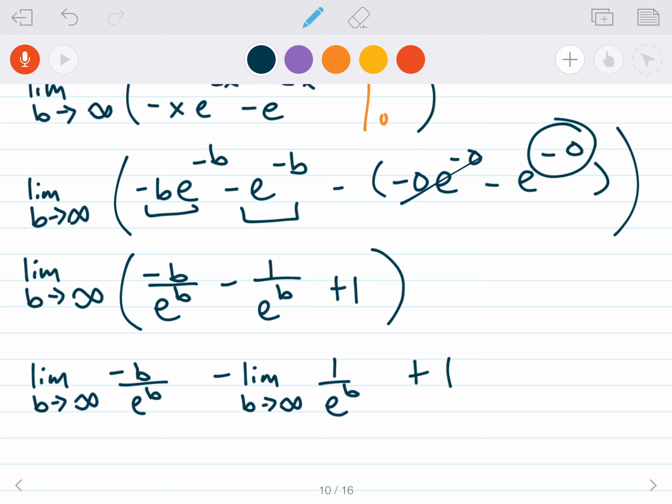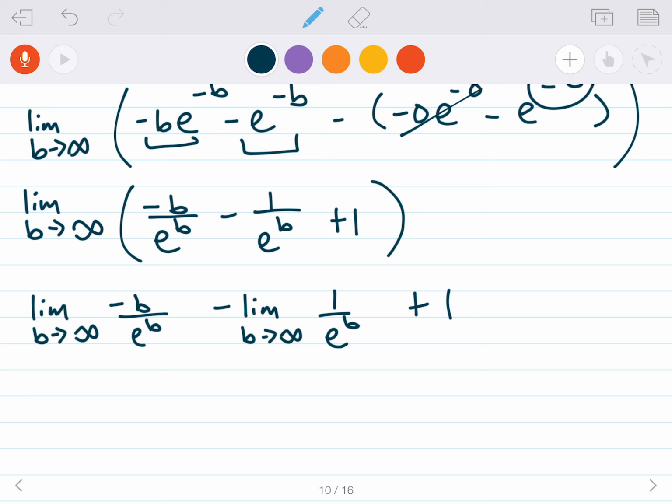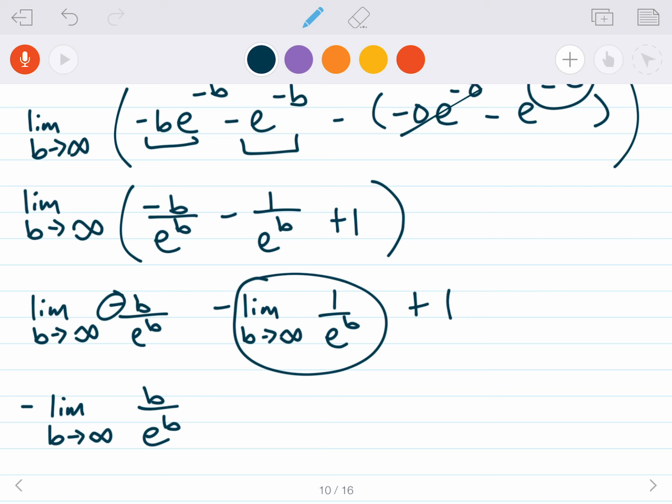We don't have a b there, so it's just plus 1. I'm going to pull that negative out in the front. When I go to infinity, this thing goes to 0. So this is just minus 0 plus 1, which is just plus 1. Let's take care of that.